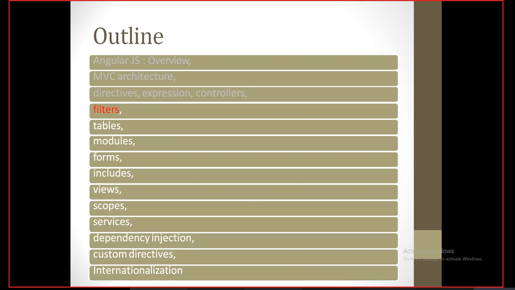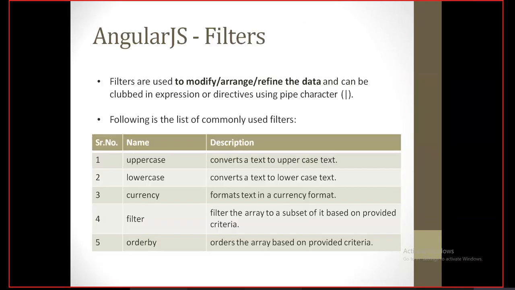Let's move to the filters that we have in AngularJS. Now, what do we mean by filters? Generally, these filters are nothing but some extension to any directive. Now, what are we using them for? Either we are using them for modification of the data, for arranging the data, or for refinement of the data.